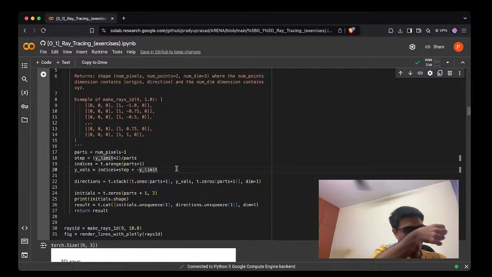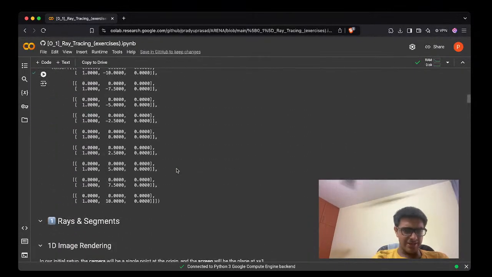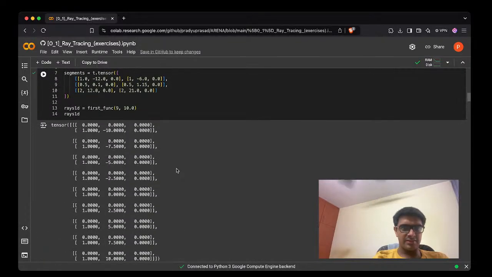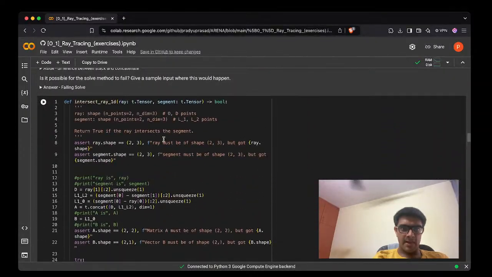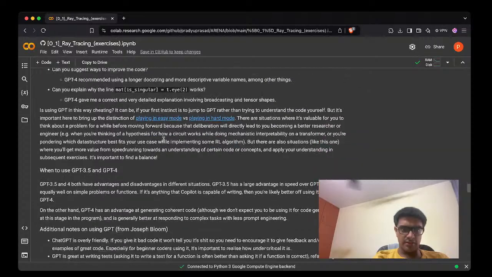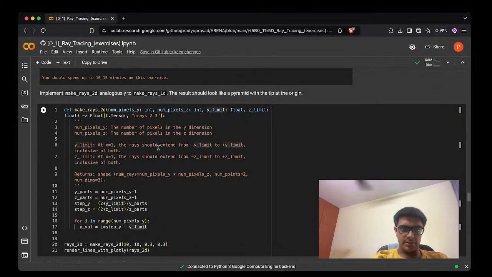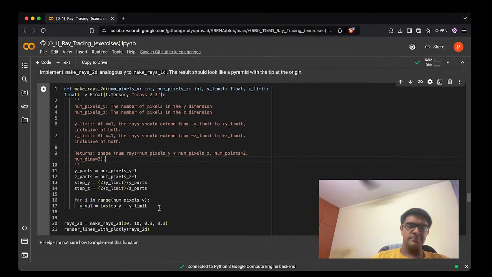T dot ones in number of pixels. Why are all the directions 1? I forgot. Oh, we assume x equals 1 in this, right? They say x must be equal to 1 in this also? Yes, x must be equal to 1 in this.